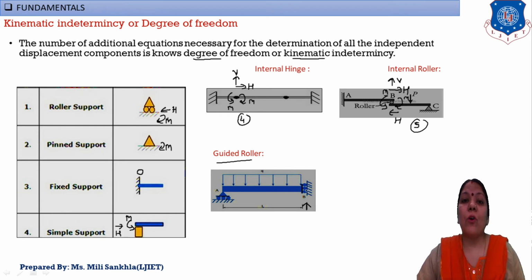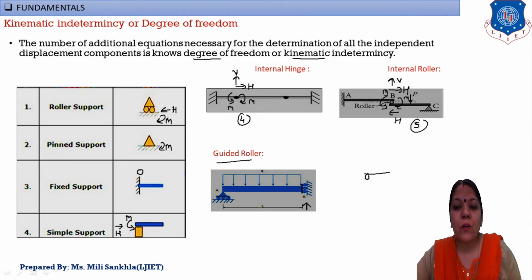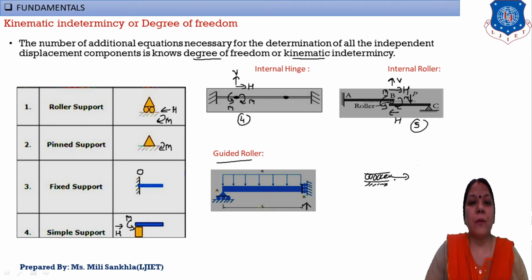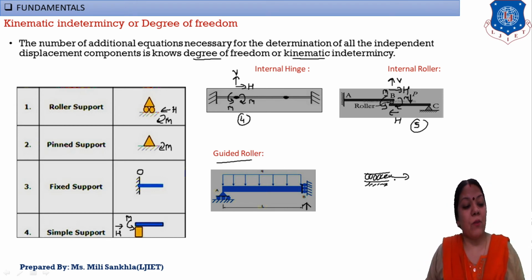Here this vertical guided roller allows vertical displacement; if our guided roller is placed horizontally, just like this, then it allows horizontal displacement. Clear? Degree of freedom simply means the given support or joint allows movement.